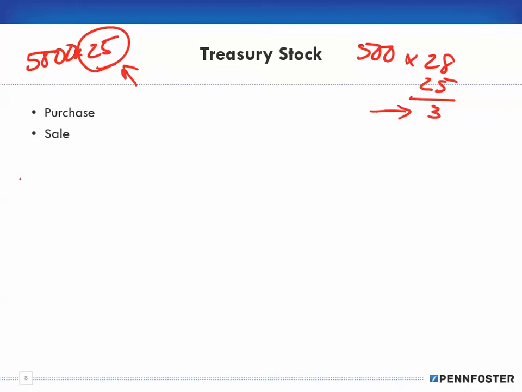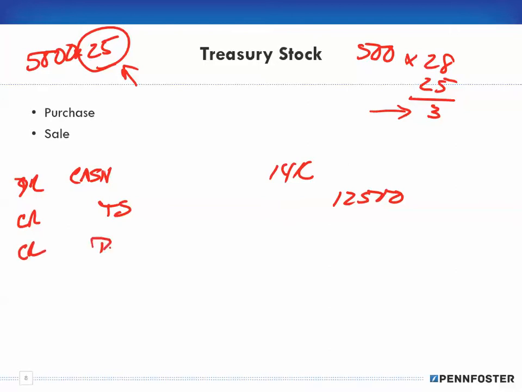So the journal entry, the thought process, is just the same as common and preferred in that we have a paid in excess, a paid in capital. So we're going to get cash of 500 shares at $28, which is $14,000. We're going to credit our treasury stock for $12,500 because that's what we paid for it in our last journal entry.